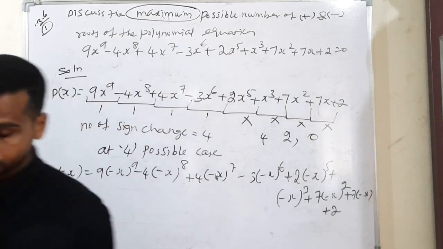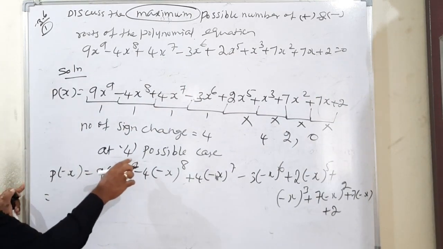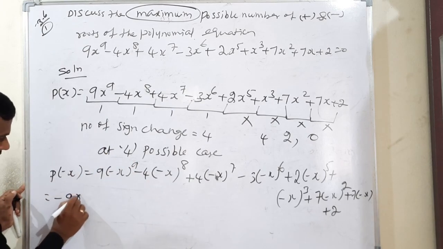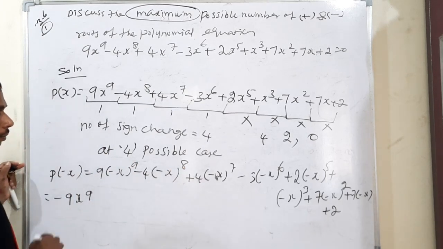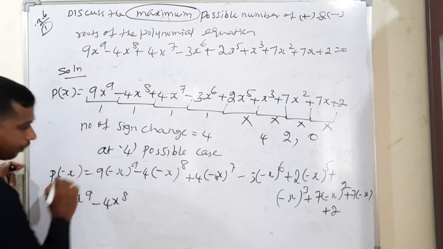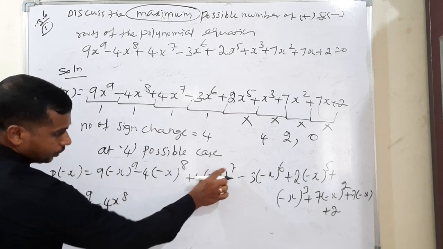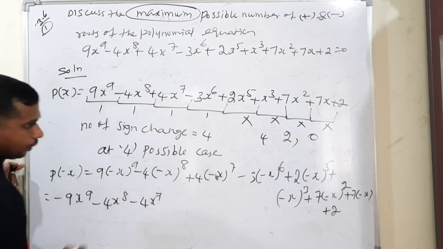So what will happen? This is an odd power, so definitely the negative sign repeats: negative 9x to the power 9. Here the power is even, so negative becomes positive, so minus 4x to the power 8. Again the power is odd, so negative 4x to the power 7.